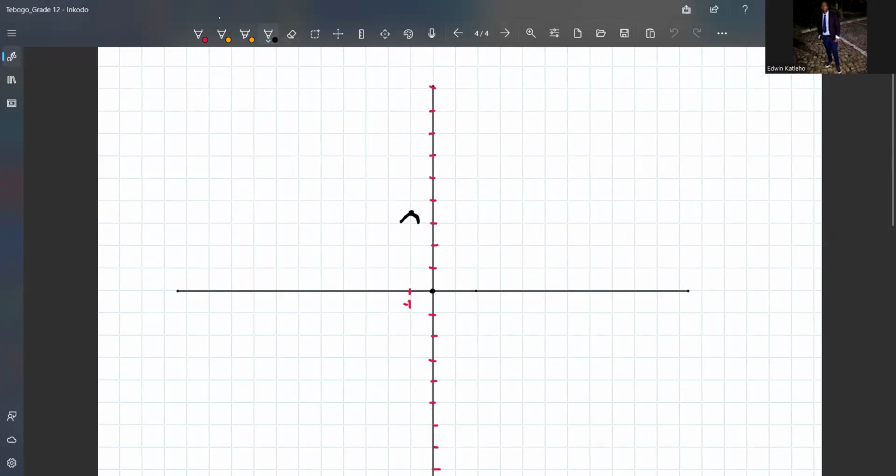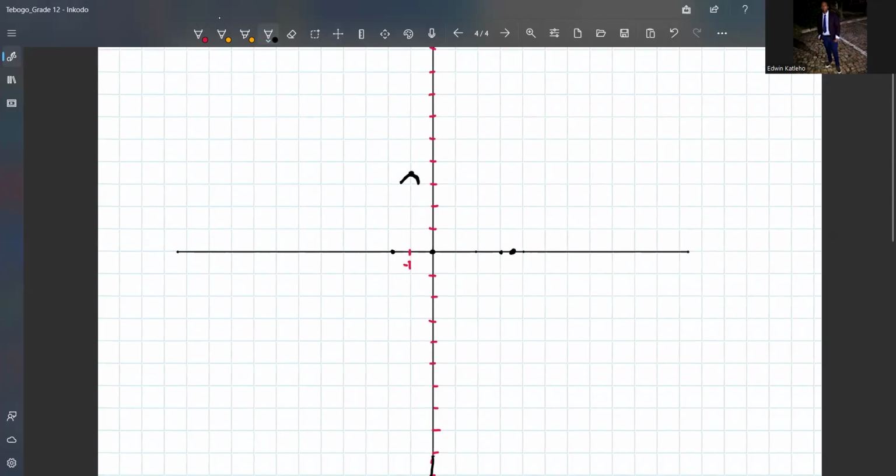So -1.8, we can put it somewhere around here. And 3.3, so this is 4. And here, 1, 2, 3, 4 is here. And 3.3 could be somewhere there. That looks more like 3.5.